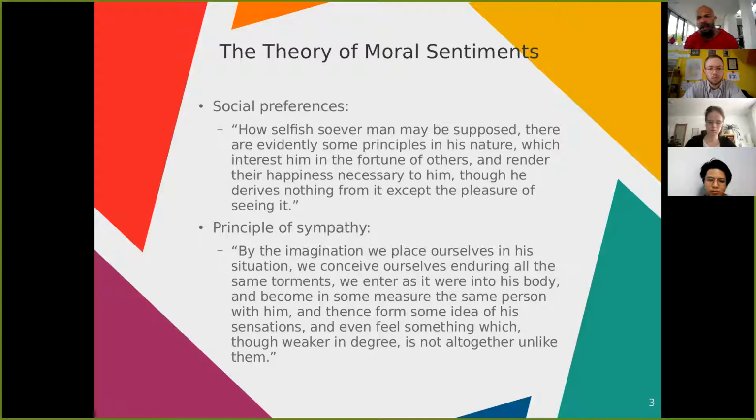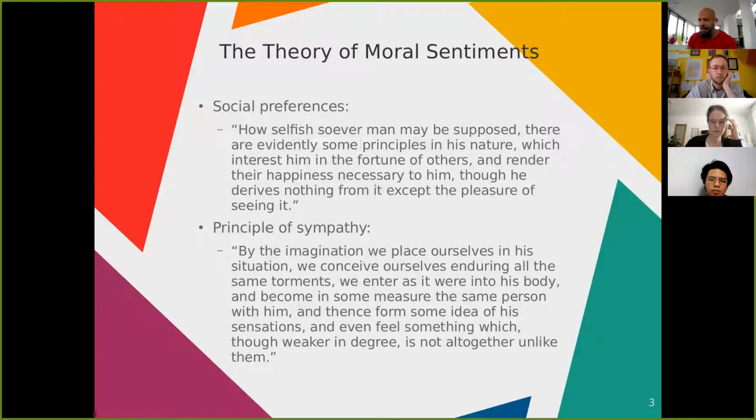So let's look at The Theory of Moral Sentiments. I assigned the first two chapters, which are very short, both about 2 or 3 pages. These two quotes both come from the first chapter. This is, I think, the very first sentence in the book: How selfish soever man may be supposed, there are evidently some principles in his nature which interest him in the fortune of others, and render their happiness necessary to him, though he derives nothing from it except the pleasure of seeing it.